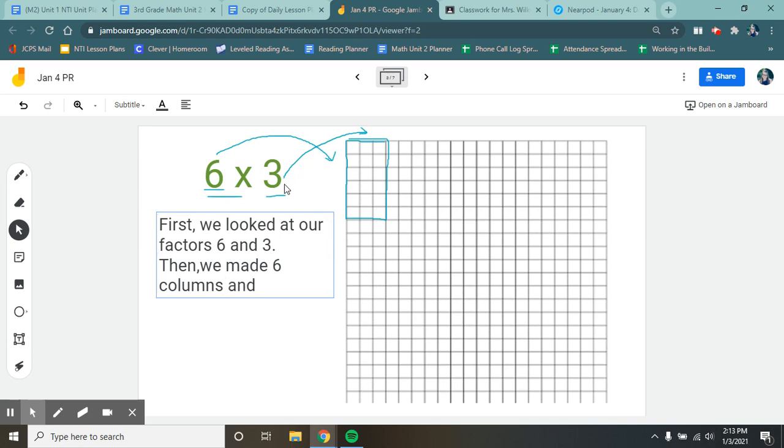And then we had 3 rows going across the top. And if you said that the area is 18, you're correct. And I'll show you where we got that.